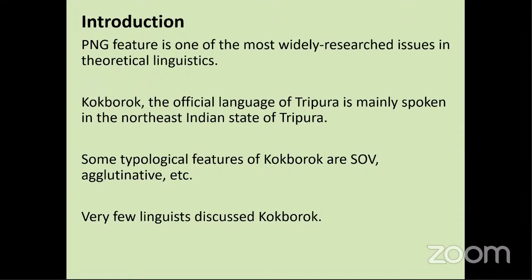As far as my knowledge is concerned, there is no extensive work done on Kokborok, but a few works done by Indian and foreign scholars are available. For example, Grierson 1903 discusses some suffixes for creating plural.